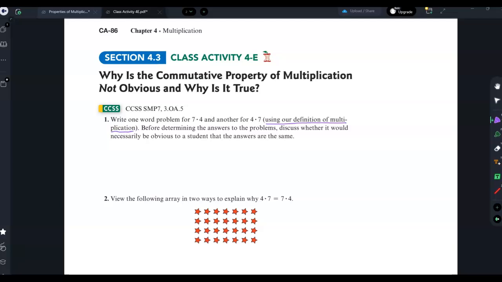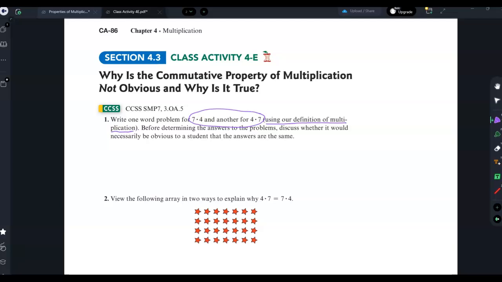What I would maybe not want to see is the counting model, where the order doesn't matter. Specifically on this one, they're wanting us to write 2 different story problems, one for 7 times 4 and another for 4 times 7.